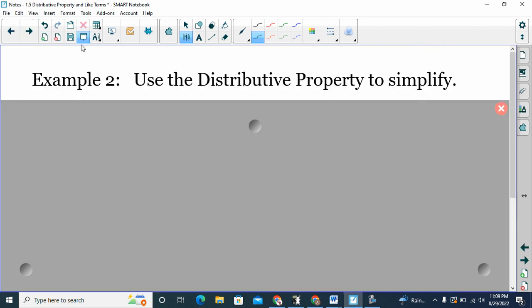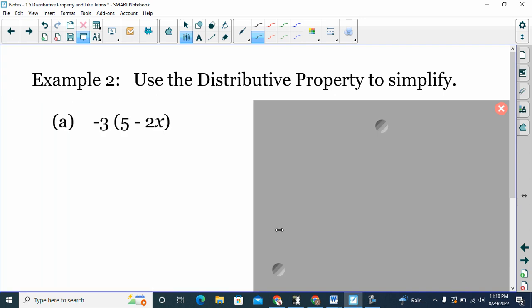Example 2 has the same directions. You don't necessarily need to write the directions down again. Example 2 says to use the distributive property to simplify. Part A, we have negative 3 times the quantity 5 minus 2x. So we're going to do negative 3 times 5.